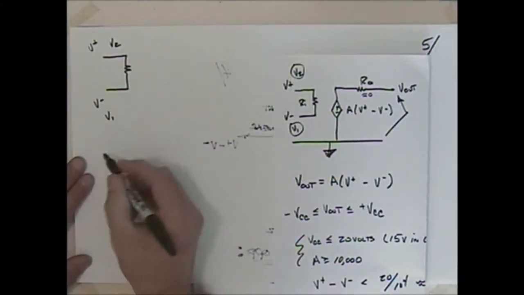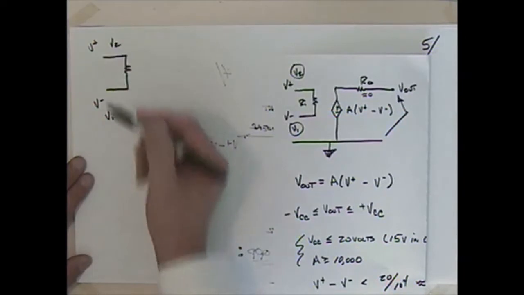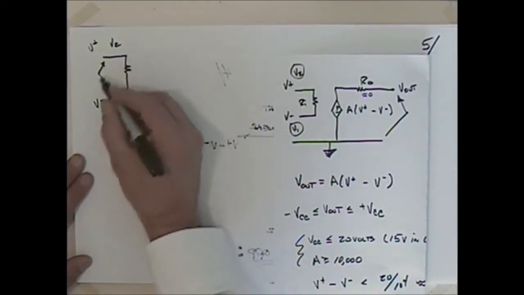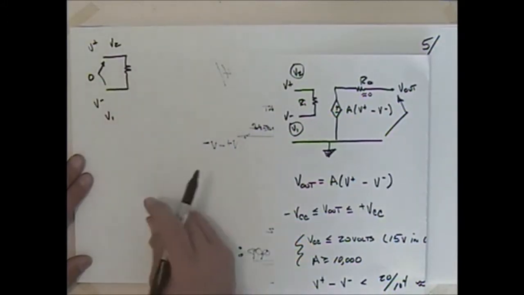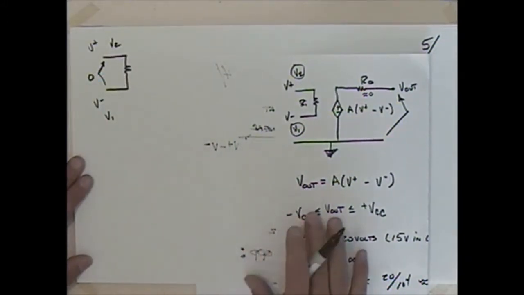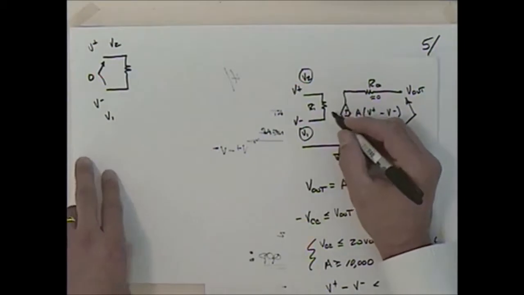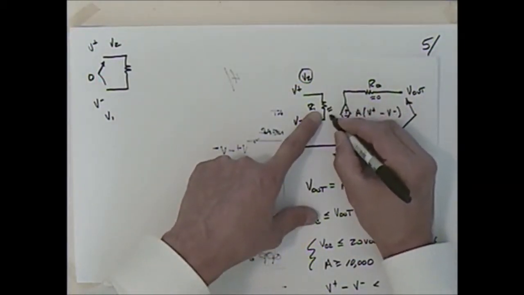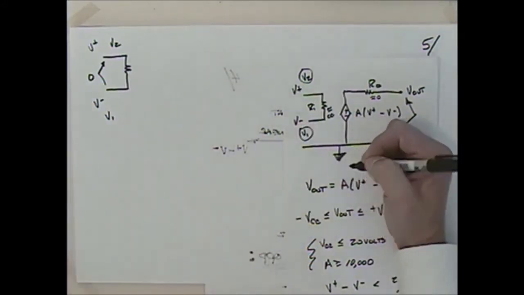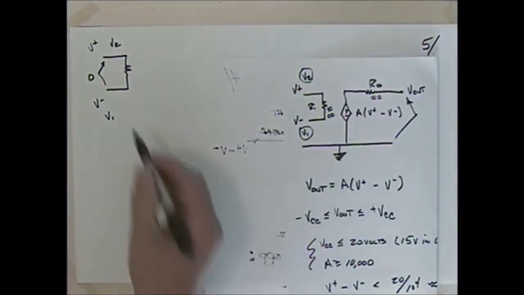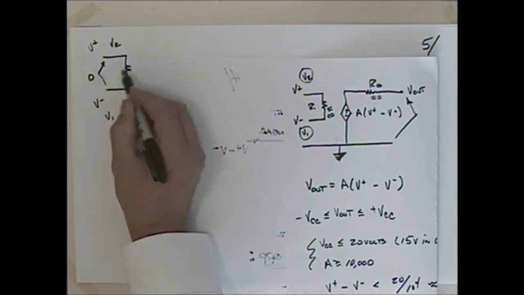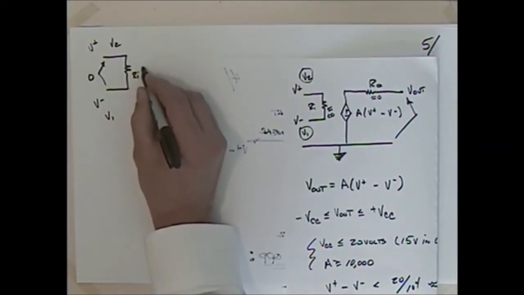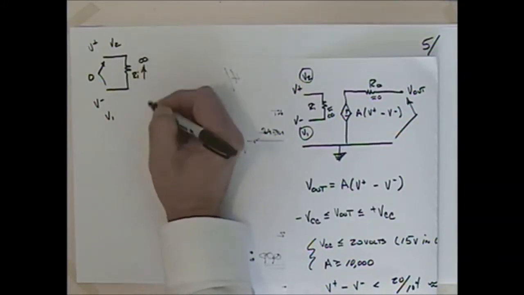Anyway, we said that V negative was equal to V positive, or V1 was equal to V2, or the gist of that is that that's 0 volts across there. Okay? And we hoped that this input resistance was equal to about infinity, that it was very large. So with virtually no voltage difference across here and a very large resistor here, Ri is large, we'd like it to go to infinity.